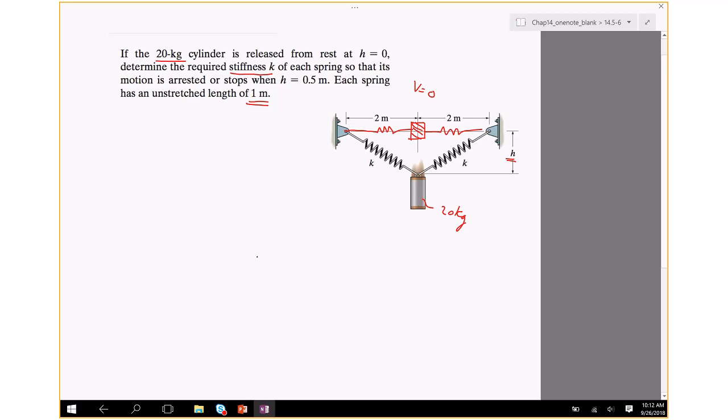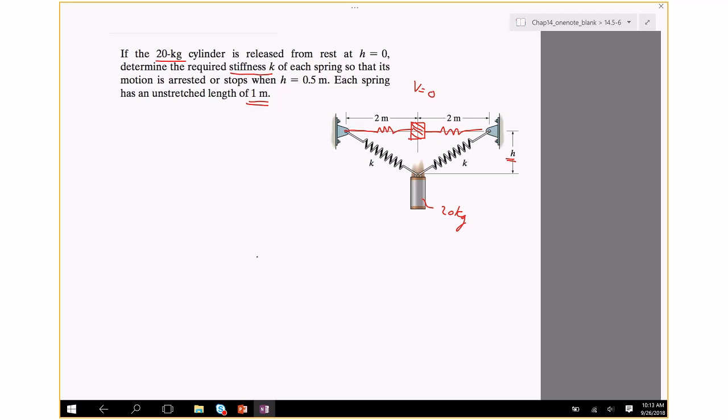Okay, so what's going on is you set the system up so that the block is in line with the two pin joints, and then you release it, and obviously it's going to bump around, but it's eventually going to stop at height h.